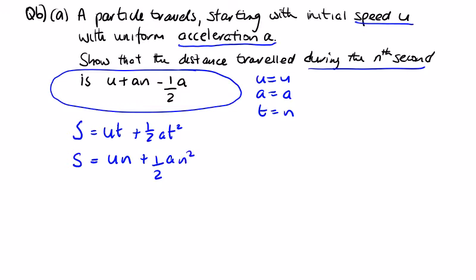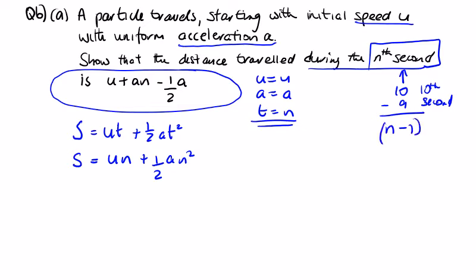So that's the distance traveled in n seconds. Now to get the distance traveled during the nth second, so say if this was 10 seconds, we'd have to take away the previous 9 seconds to get the distance traveled just in the 10th second alone. So what is that? That's n minus 1 is the previous amount of seconds regardless of what they are.